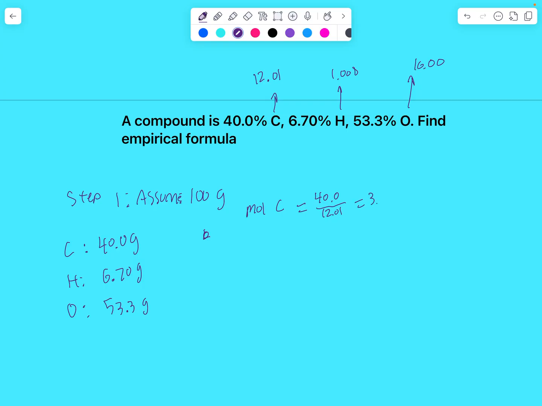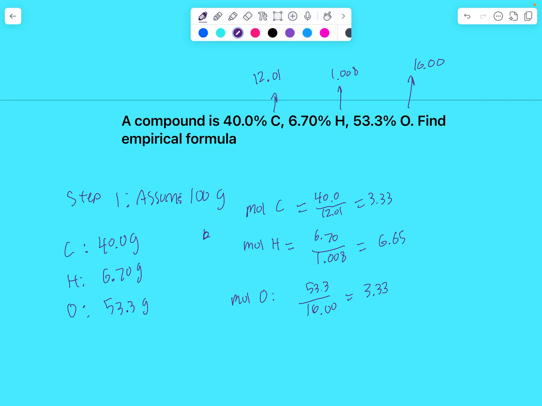That would get me 3.33. The moles of hydrogen equals 6.70 divided by its atomic mass 1.008. And I got 6.65. The moles of oxygen is 53.3 grams divided by 16.00. And I also got 3.33.